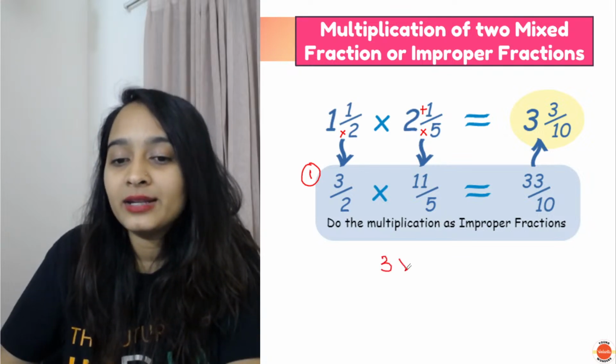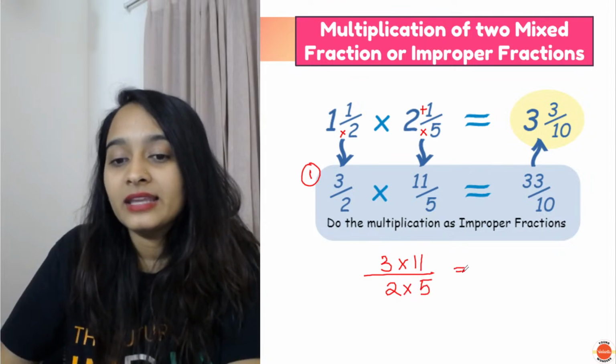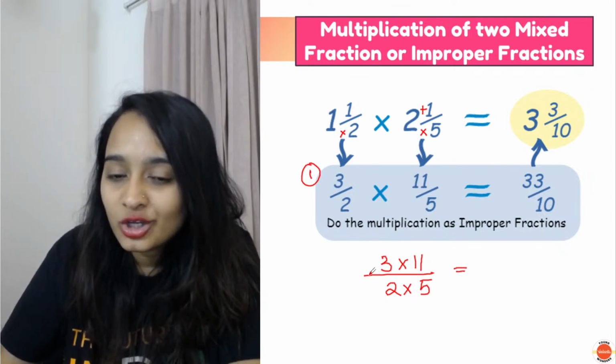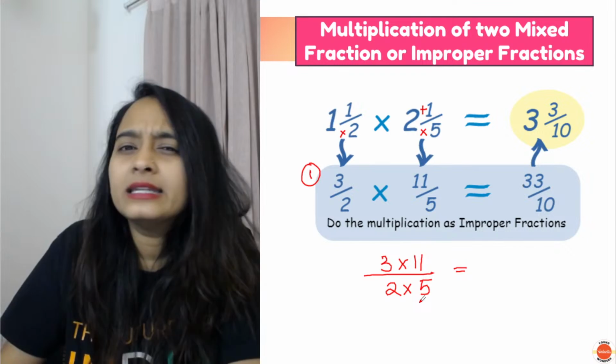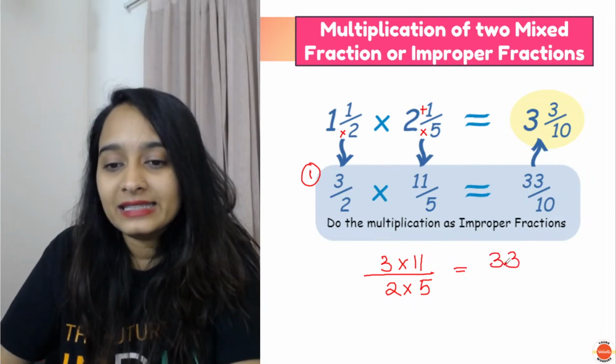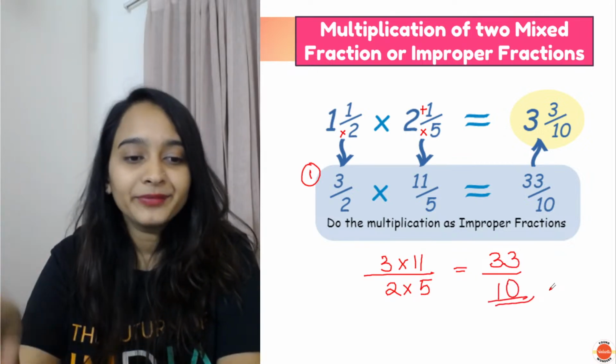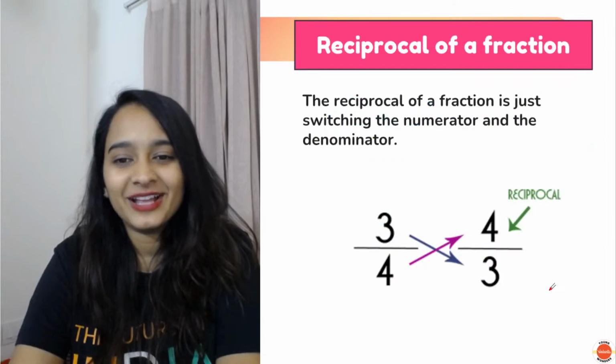Multiply the numerator with the numerator, denominator with the denominator. Can anything be cancelled here in the numerator and denominator? Nothing, no common numbers, right? No common factors. So 33 by 10 will be the answer. Okay, very good. I can see a lot of you answering it.